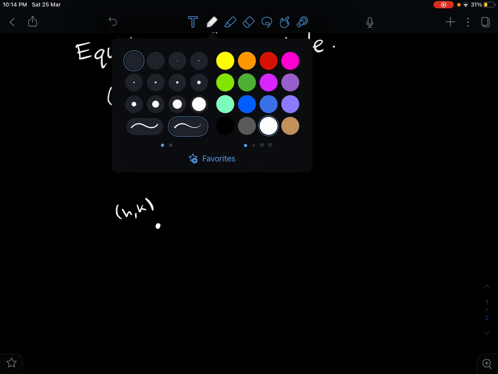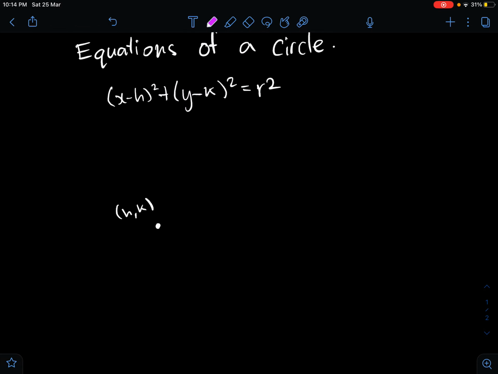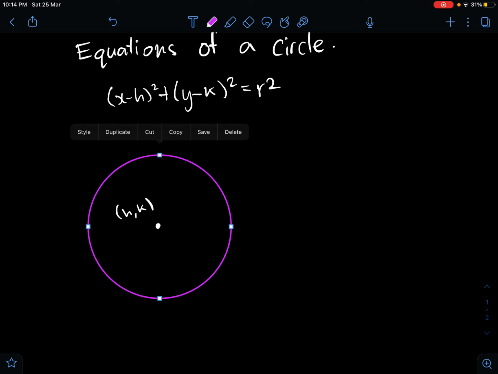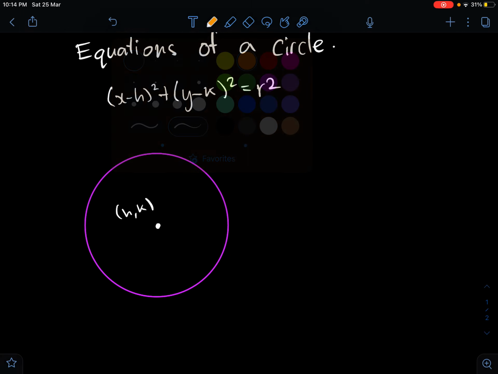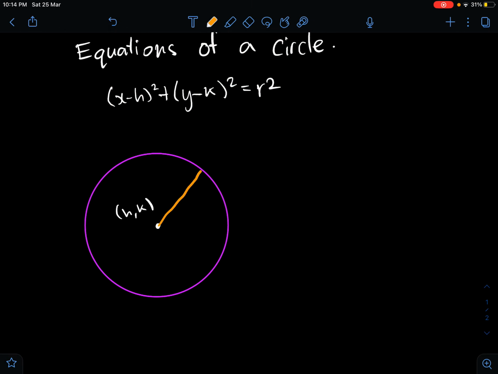So HK is our little dot, and we draw this. This is not a circle, right? Not because it's badly shaped, but because it's not actually what it is. This is a set of points on a graph that are all r distance away from the middle, and it just happens to make the shape that we call a circle.